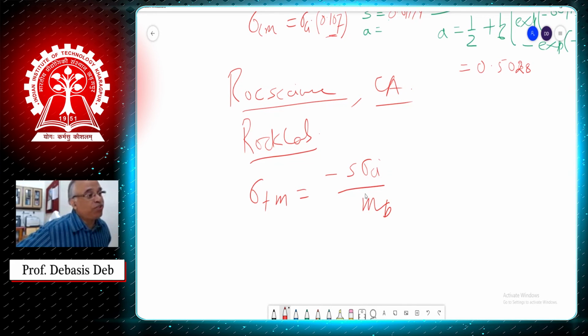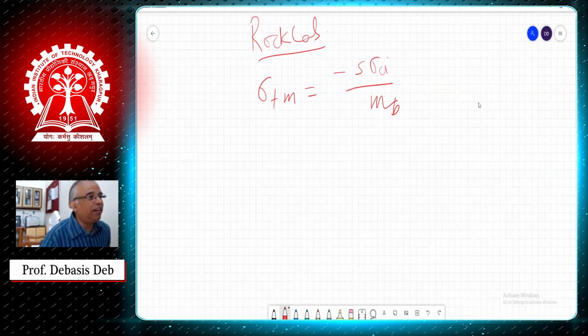Now the question comes, can I interchange these two failure criteria? That means you now know the Mohr-Coulomb and you now know the Hoek-Brown. Can we interchange these two formulas? The answer is yes, we can.